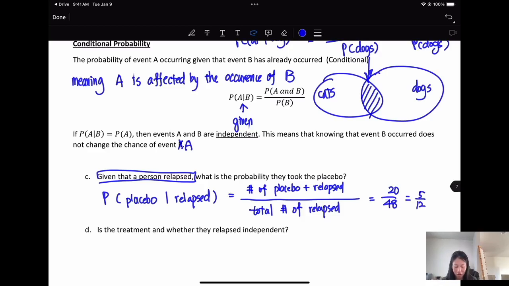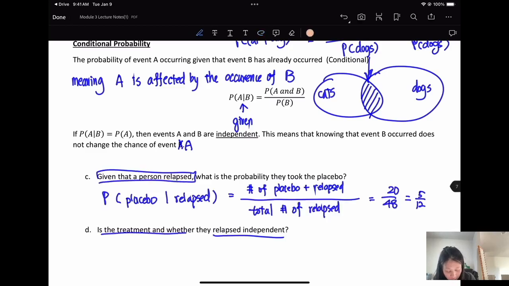Is the treatment and whether they relapse independent? By the formula, if A and B are independent, that means P(A given B) is equal to P(A).